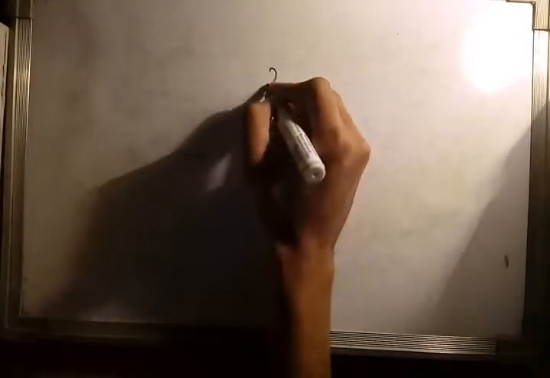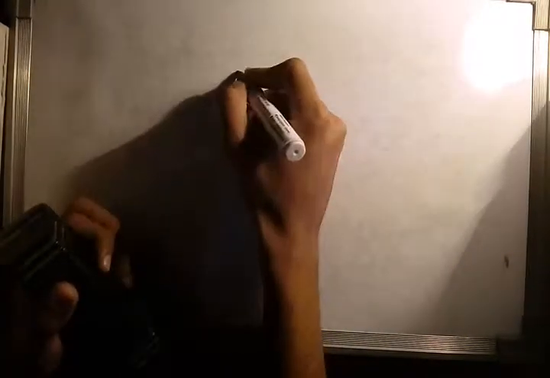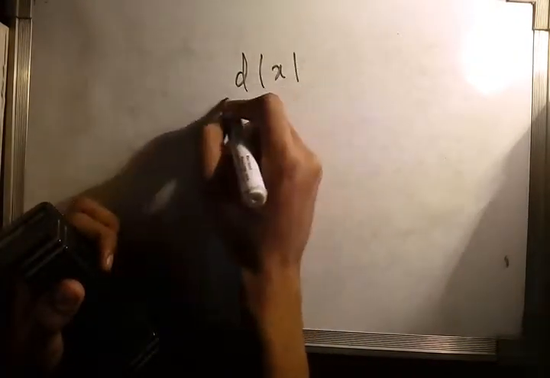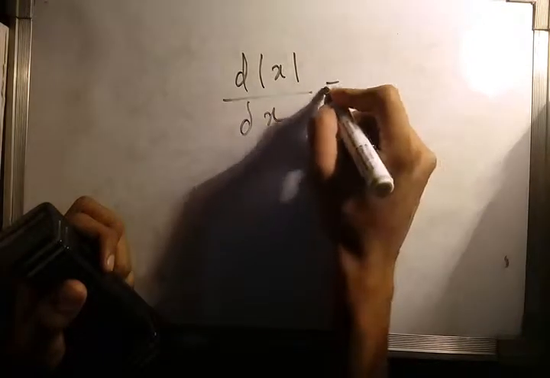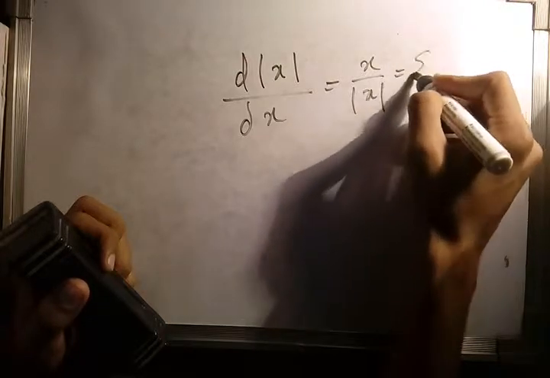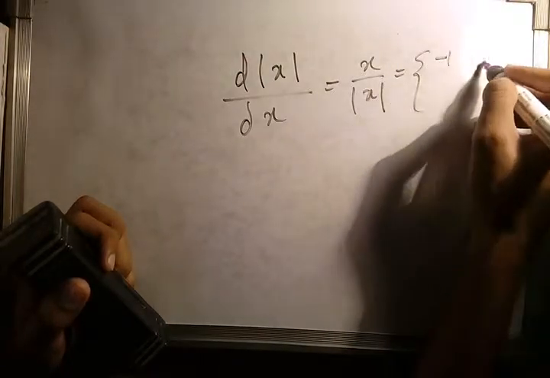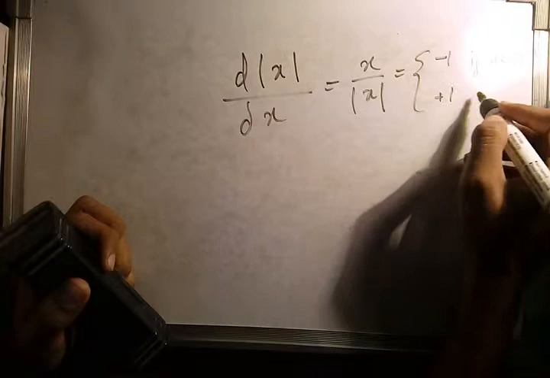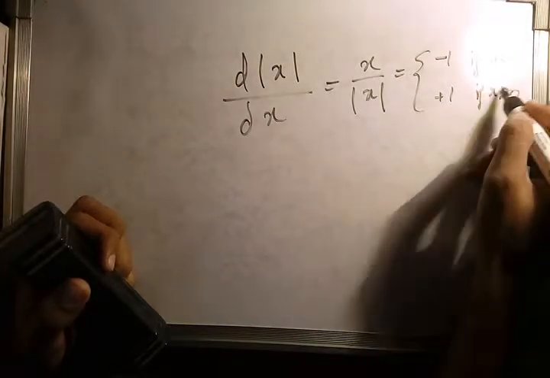Now I have two more important properties of the modulus function. The derivative of a modulus function with respect to x is equal to x upon modulus of x, which is nothing but -1 if x is less than 0 and plus 1 if x is greater than 0.